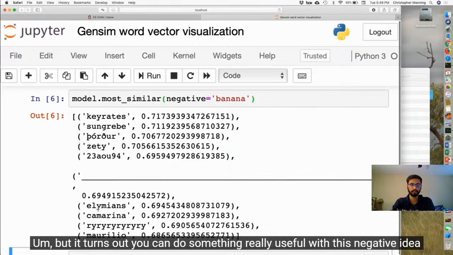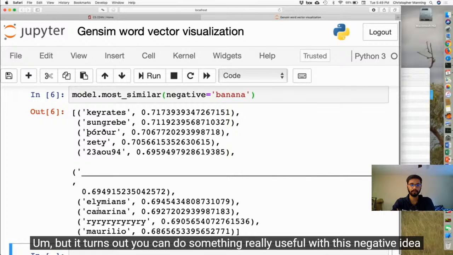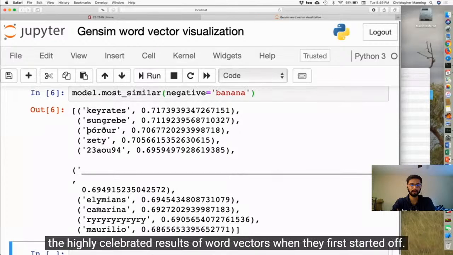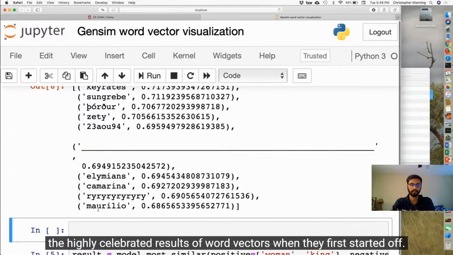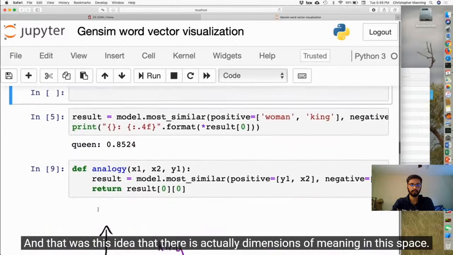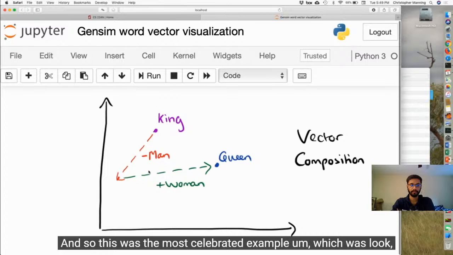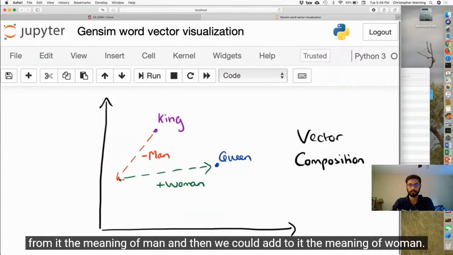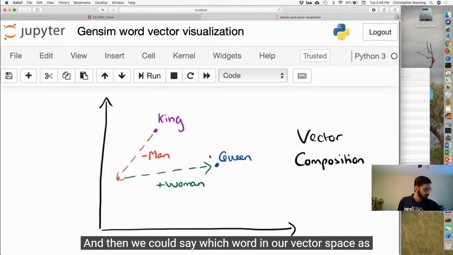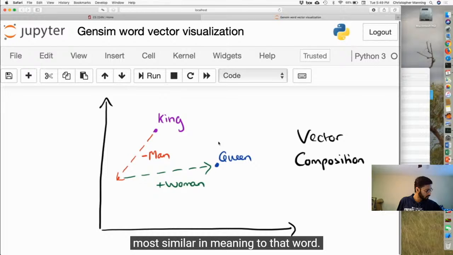But it turns out you can do something really useful with this negative idea, which was one of the highly celebrated results of word vectors when they first started off. That was the idea that there are actually dimensions of meaning in this space. The most celebrated example was: we could start with the word king, subtract from it the meaning of man, and add to it the meaning of woman, and then ask which word in our vector space is most similar in meaning to that.